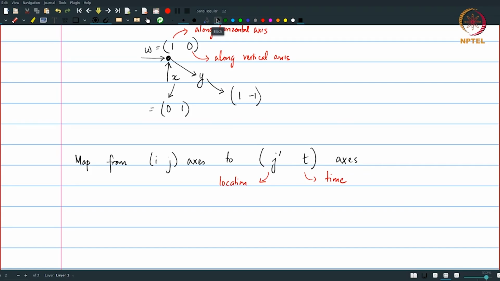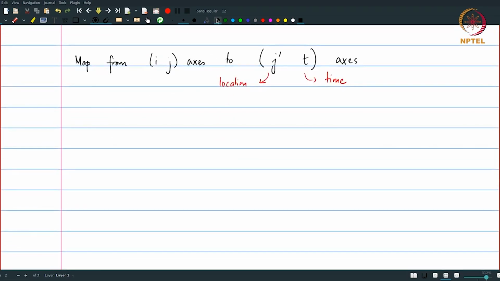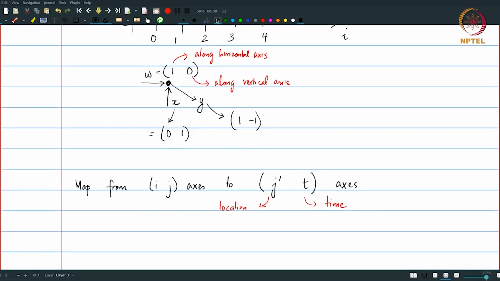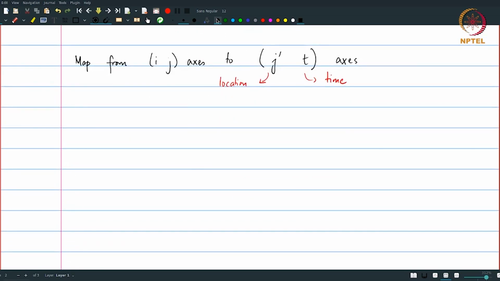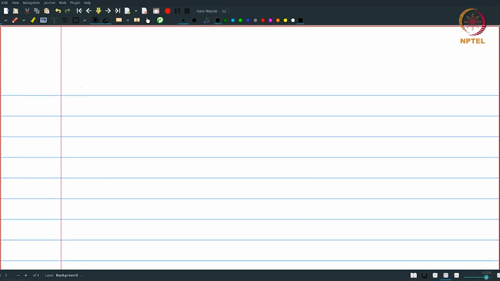Okay, so let's take this same example through, and we will use this in order to illustrate exactly what we mean by saying that we are projecting from this two-dimensional ij axis to a one-dimensional j prime axis and a one-dimensional time axis. Mathematically, we are going to use the notation over here.